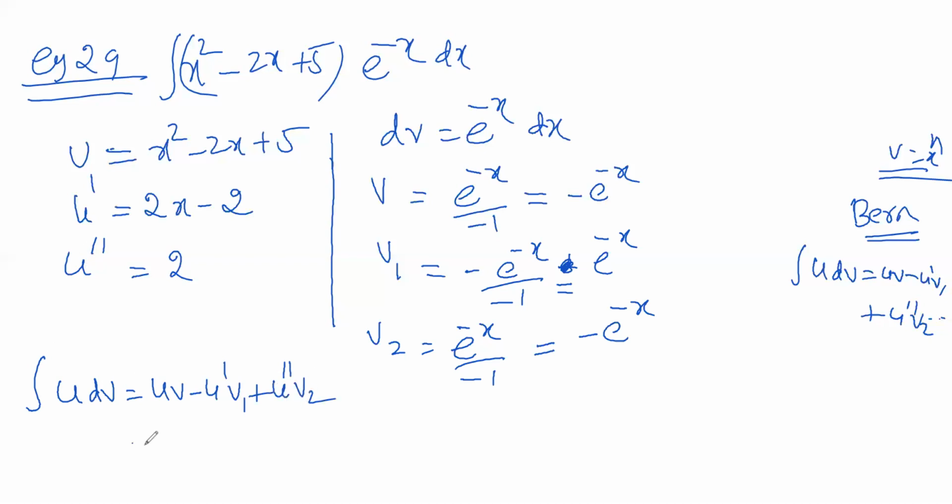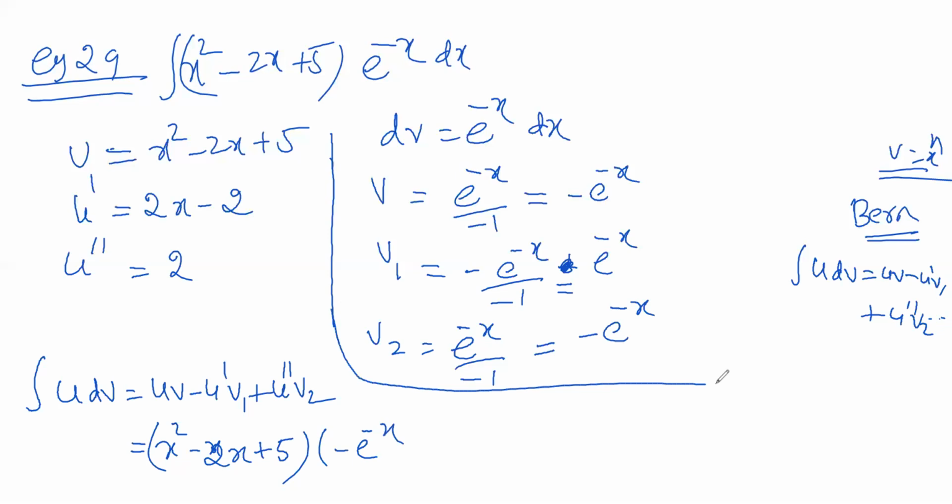Correct, ma? That is u. U is what? X squared minus 2x. X squared minus 2x plus 5, u into v. V is what? Minus e power minus x. Correct? U, v. Right? Next, minus u dash.